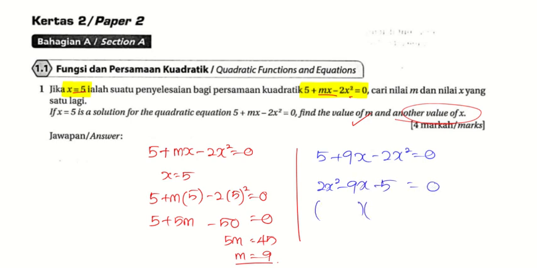Of course, you can press calculator or you can factorize it. Pressing calculator is fast, but manual calculation also fast. Negative half and then x equals to 5. You have this, which is this. So the other solution is x equals to negative half.